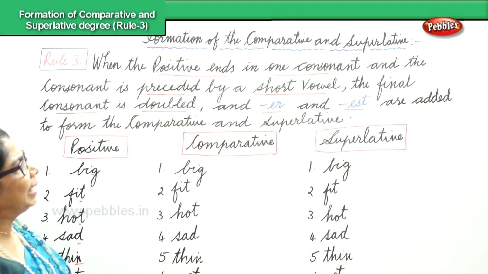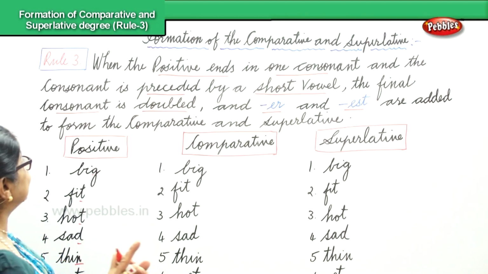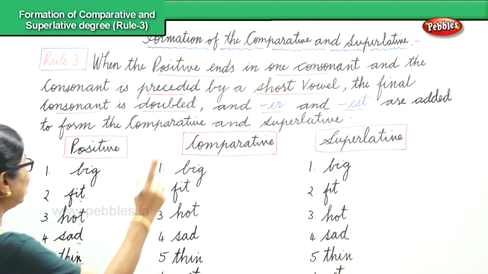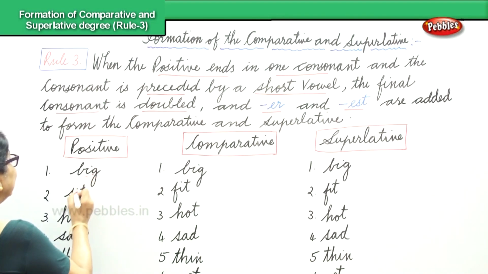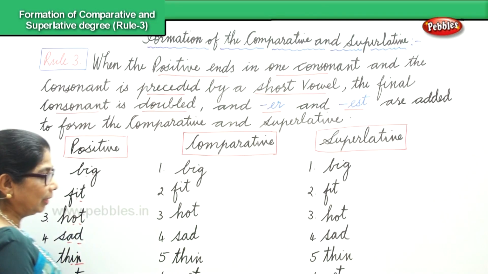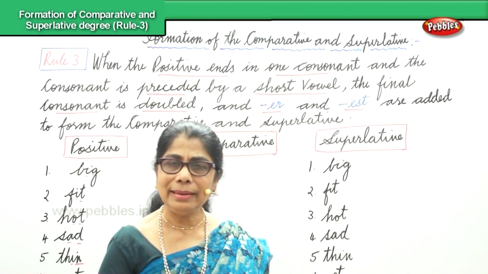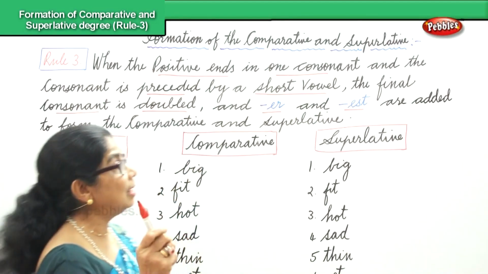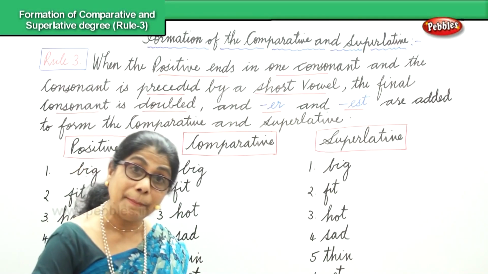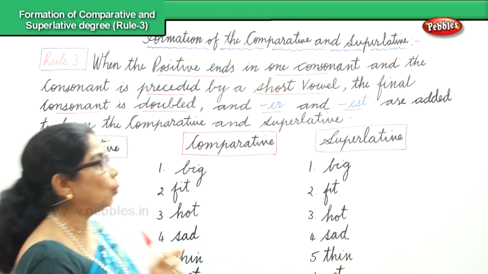When the positive ends in one consonant and the consonant is preceded by a short vowel, I, O, A, I, E, what happened?